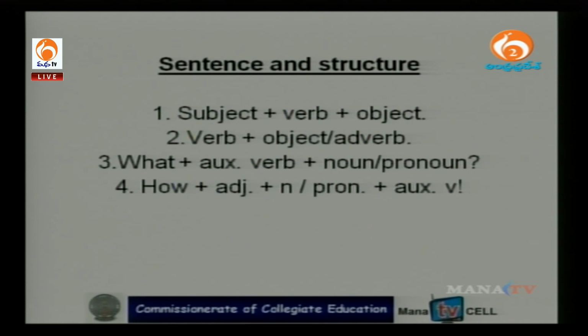In the fourth one, an exclamatory sentence, the sentence starts with how or what, and after that an adjective and a noun or pronoun and an auxiliary verb, ending with an exclamation mark. So like this you will find the sentences and their structure.